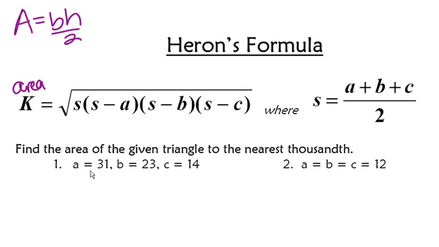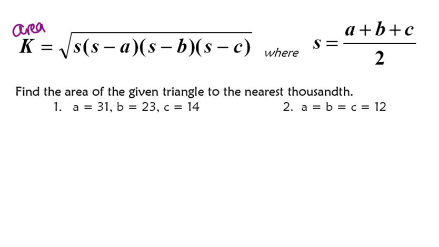Let's go ahead and use this, and maybe you'll see how it works. We are going to find the area of this triangle right here to the nearest thousandth. First we're going to find S, and we are going to take 31 plus 23 plus 14, and divide that by 2. When we do that, we get 34.